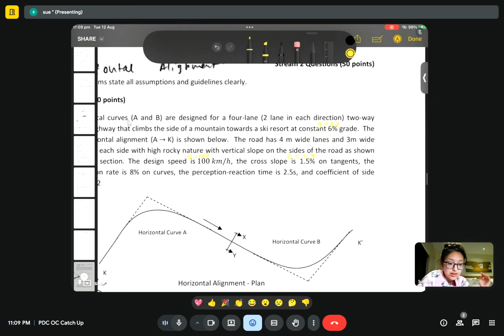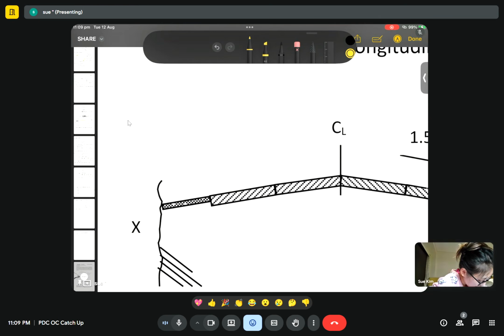Now remember, cross slope means the slope of the lanes themselves. Like, you know how it's shaped in a crown shape? It's the angle of that crown shape. So like this angle here. So if the road was like this, this is C right here.